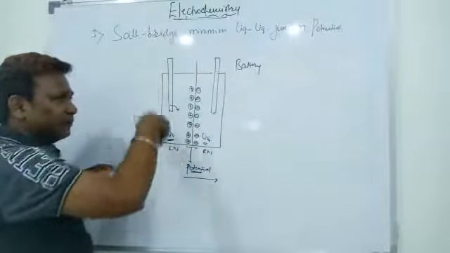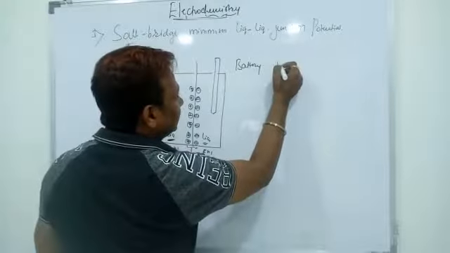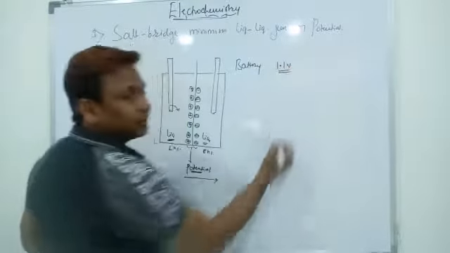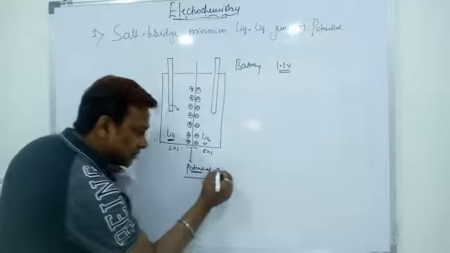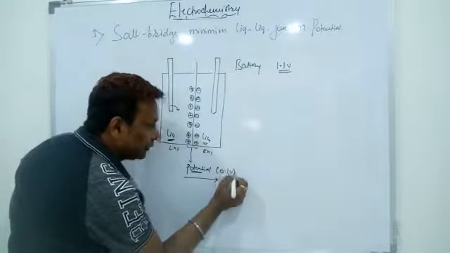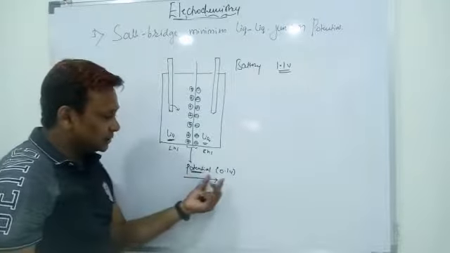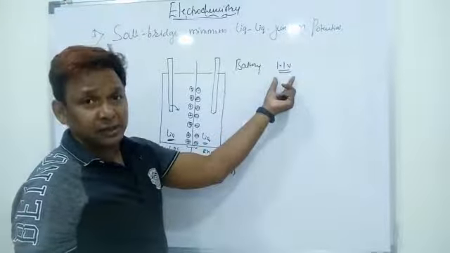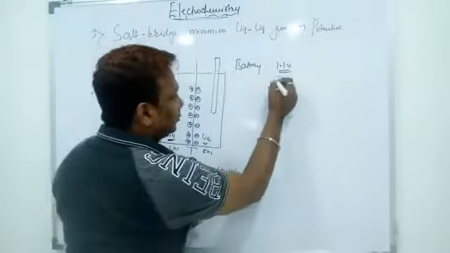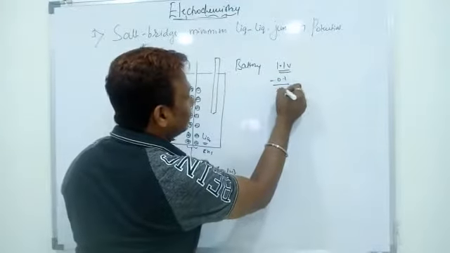Consider this complete battery, let us say it has 1.1 volt, and the potential created due to these charge separations, let us consider, is 0.1 volt. Due to this developed potential of 0.1 volt, the battery potential, which is actually 1.1, will be reduced to 1 volt.